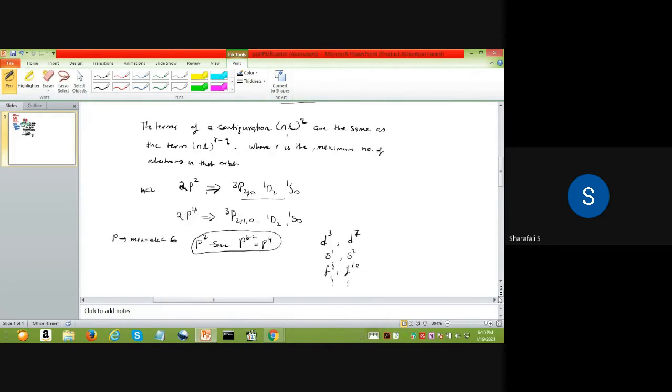Now, if you consider further, there are some other important points about these spectral terms. Suppose you consider the half-filled state, what will happen? Both of them should have the same ML values.